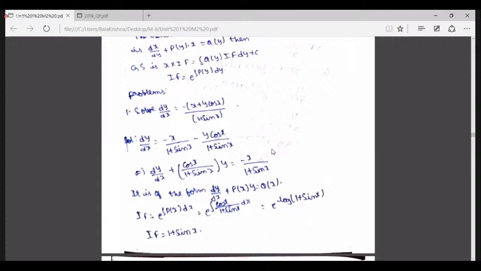Generally, as we have got habituated, when a differential equation is given, we express it as m into dx plus n into dy equal to 0, checking for exactness and non-exactness. That is the original procedure, you can follow that. But always try whether you can express it in linear form or not. If you can express it in a linear format, then directly go for this linear form of the solution.